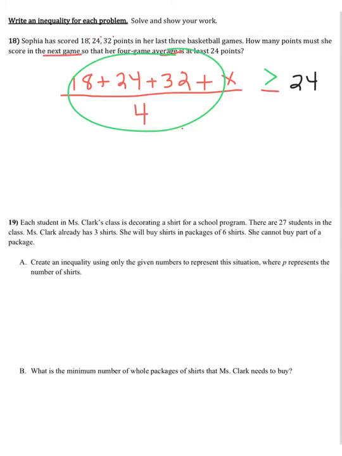That will get rid of the 4 here, and times that by 4. Ooh, that's plus x, sorry. So, wait, let me write that a little bit neater.